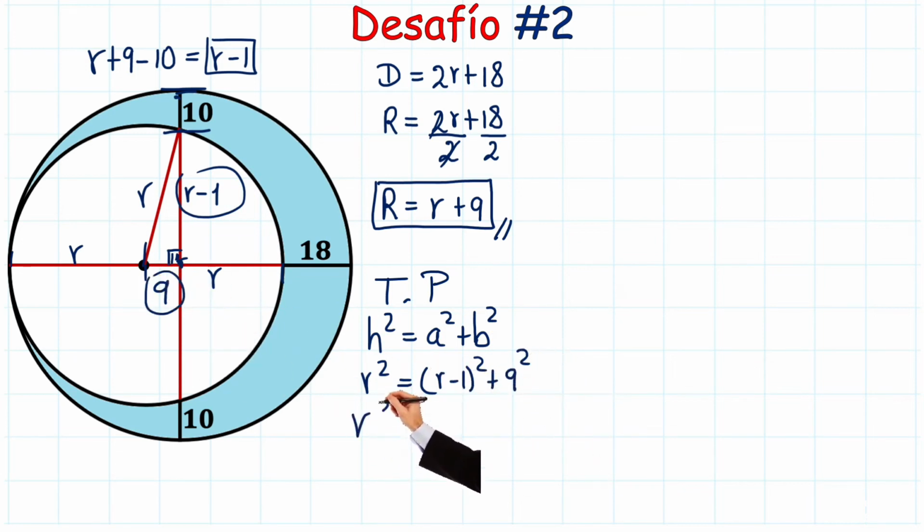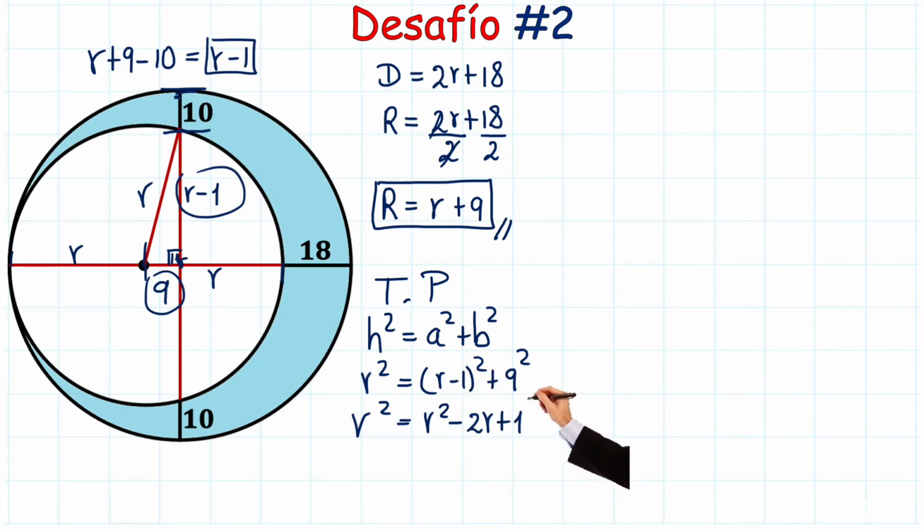Alright, let's go ahead and expand this binomial. The first term squared would be r squared, minus twice the product of the first by the second, so 2r, plus the second term squared, 1 squared, but 1 squared is just 1, plus 9 squared. 9 squared is 81. Here we have r squared on the left side and r squared on the right side.